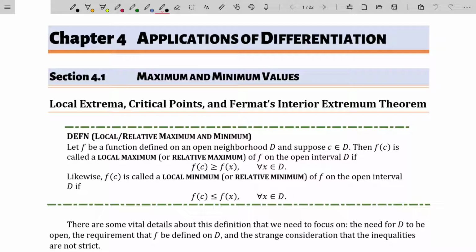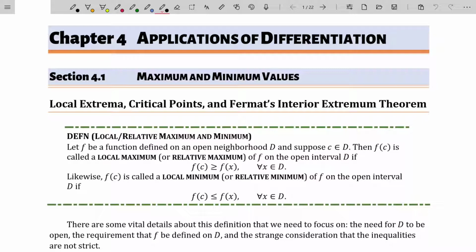What this chapter, if you're using the same textbook that I teach out of, which is a Stewart calculus textbook, or pretty much any textbook in calculus, they all follow the same kind of formula. This chapter, or this unit of materials, is dedicated to applications of differentiation, just like it says, but mostly to graphing.